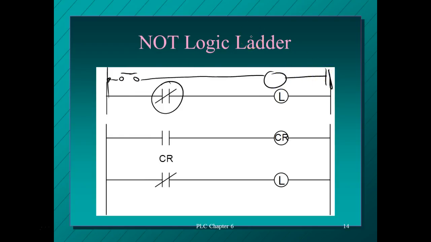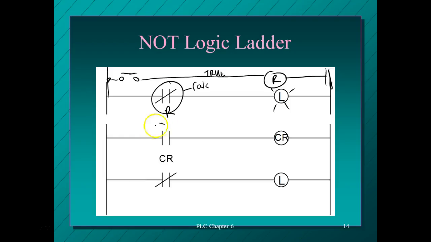So this push button is controlling this. When that push button is not pressed, this light is going to be on. So when this rung is true, this one is false. When I press that button and make this rung true, that's controlling that contact. So what's controlling the contact determines what's true and what's false. It's not the contact itself, right? You understand that?